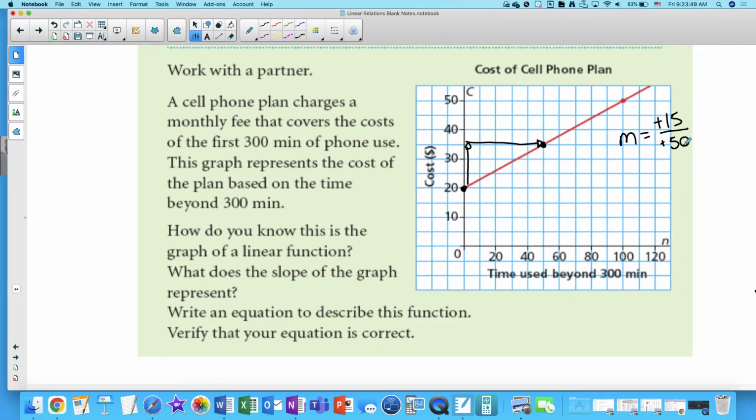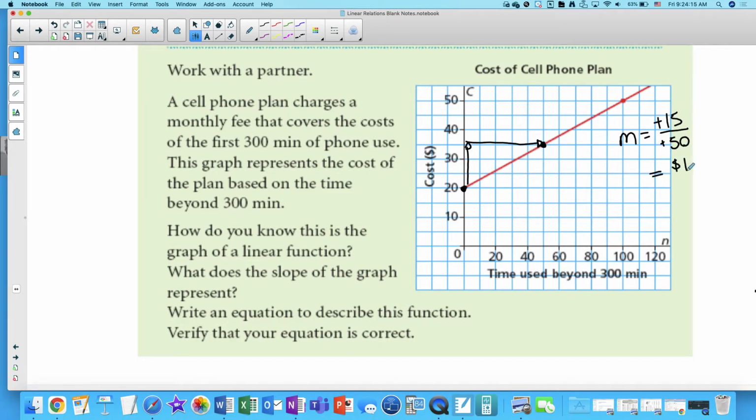Okay? And that becomes, well, in this case, if you think about slope, if we're trying to figure out what does it represent, what I would recommend doing is thinking about this as a rate of change instead of a slope. Because with rate of change, we have to include units, right? And so if we include units, the vertical unit is dollars.